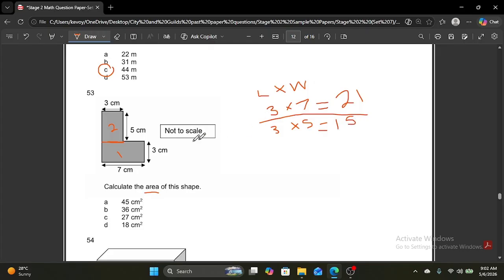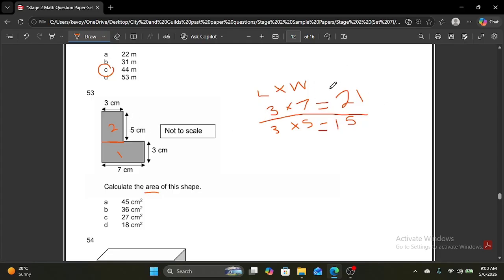So now that we have the area for both rectangles, and if you realize, length times width, the longer side multiplied by the shorter side, so 7 times 3, 21, and 5 times 3 would give you 15.